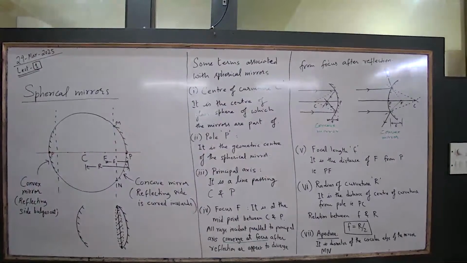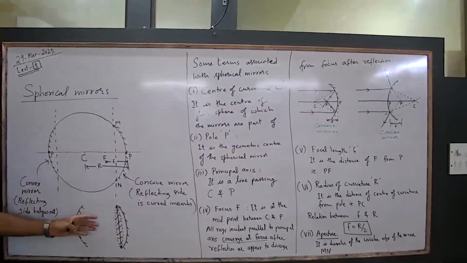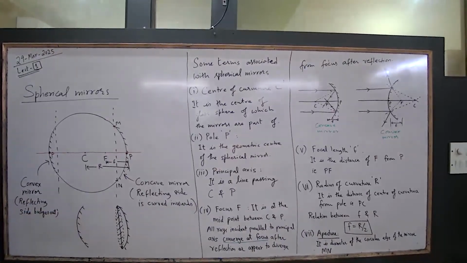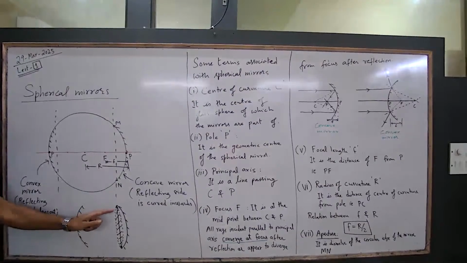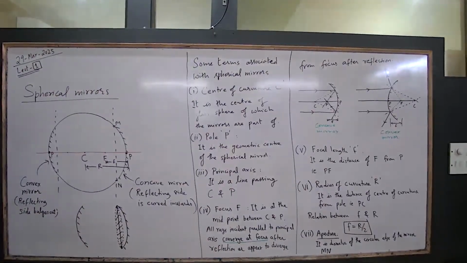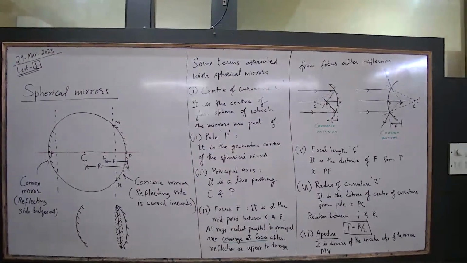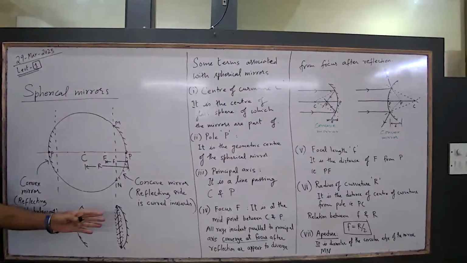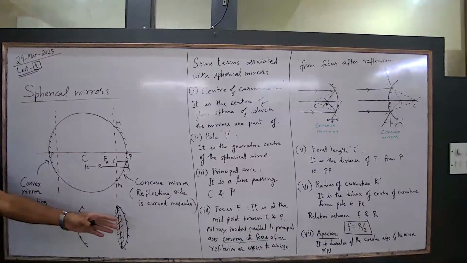So it is the area through which the incident light is entering the mirror. Aperture decides how much light can reach the mirror. You cannot have more light than this circular cross section. Understood? So aperture controls the amount of light that can expose the mirror.